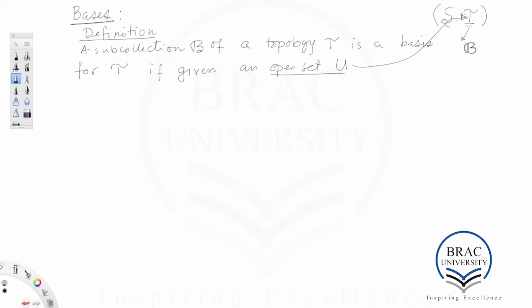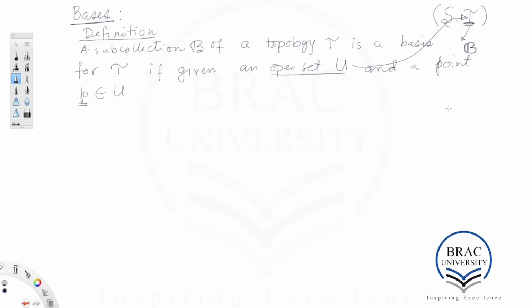Okay, and the point P in U. So you are choosing a neighborhood of this point P in this topology.